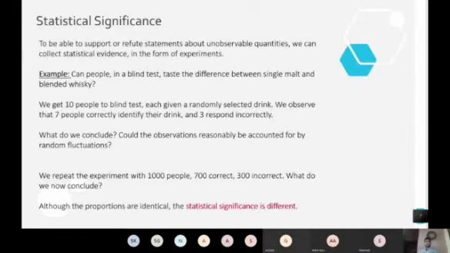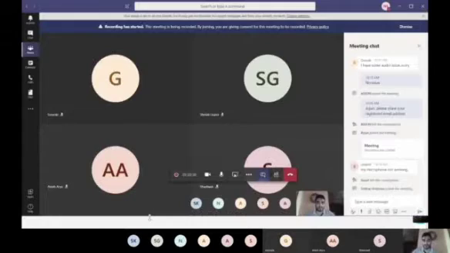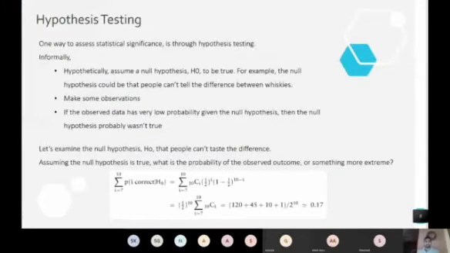Now, the ratio remains the same. For 10, it was 7 and 3, so 0.7 and 0.3. For 1,000 also, it was 0.7 and 0.3. But the statistical significance for 1,000 people is greater, so yes, you can tell the difference. This is where hypothesis testing comes into the picture.